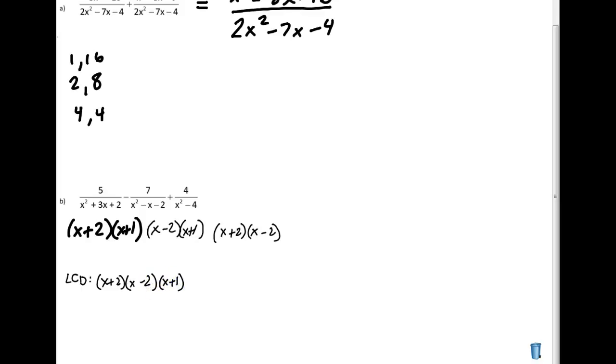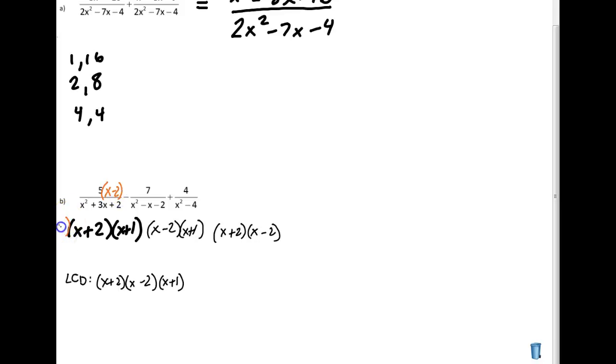Okay? So now what I need to do is figure out, what is it that each fraction is missing? And that's what I multiply it by. So when I think of this first guy here, I have an x plus 2 and an x plus 1, so what it's missing is x minus 2. So I multiply the top and the bottom by x minus 2. I have to squeeze it in there.